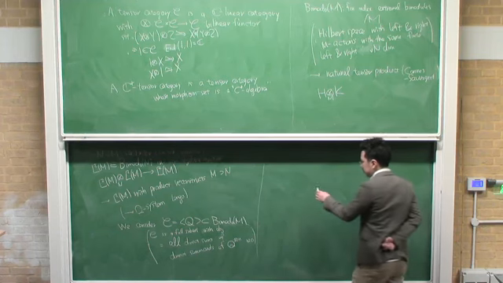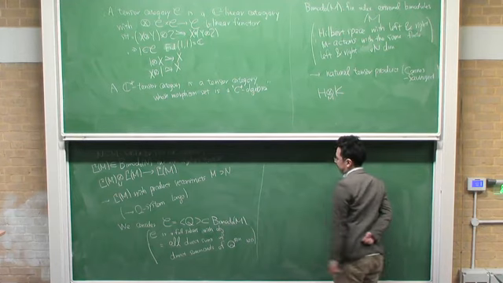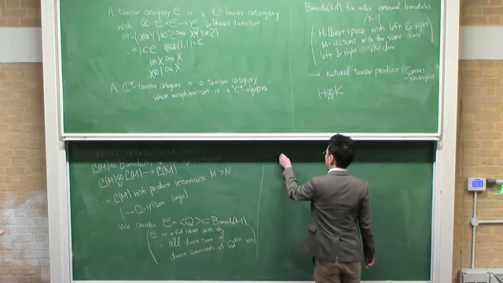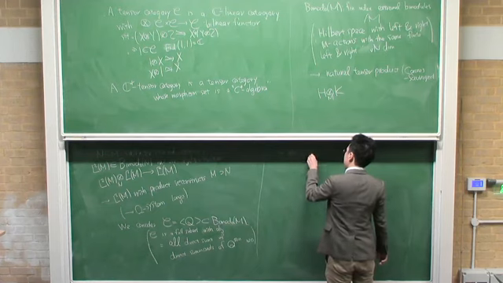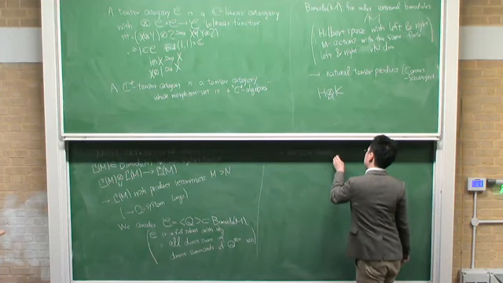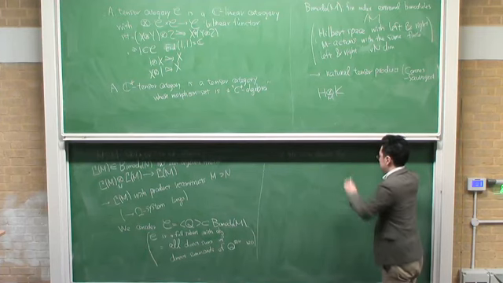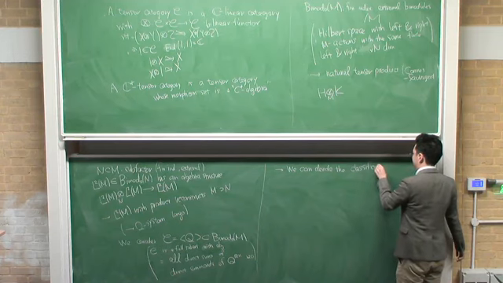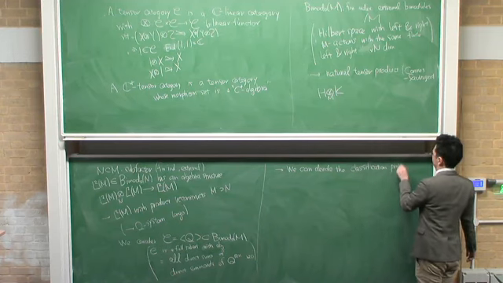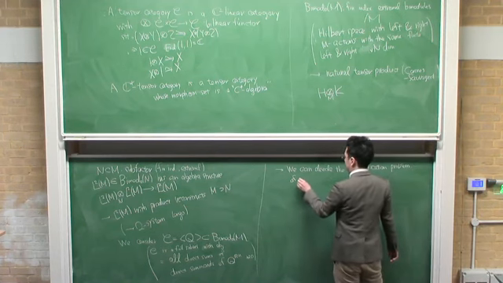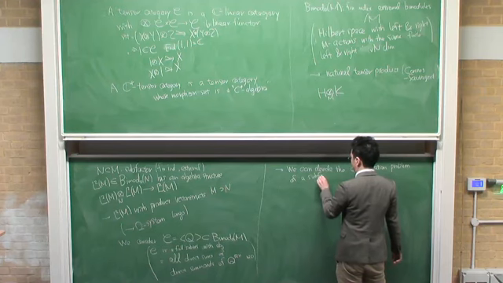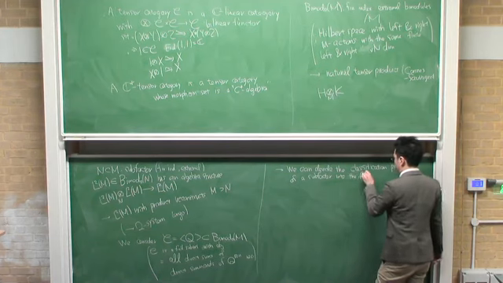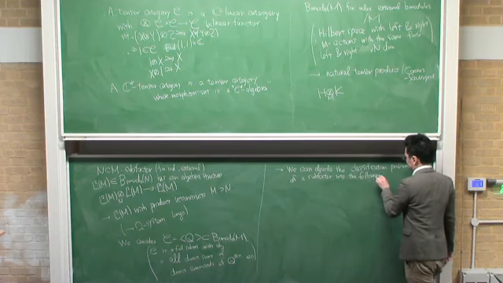And so one can divide the classification problem of a subfactor into the following three parts.